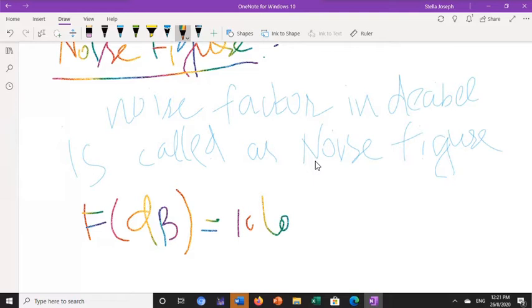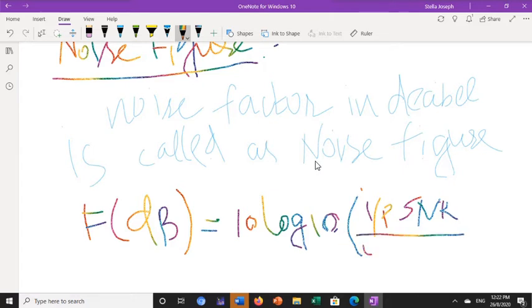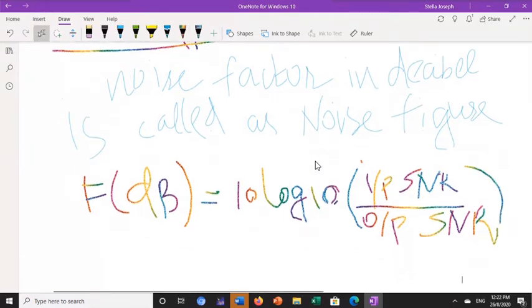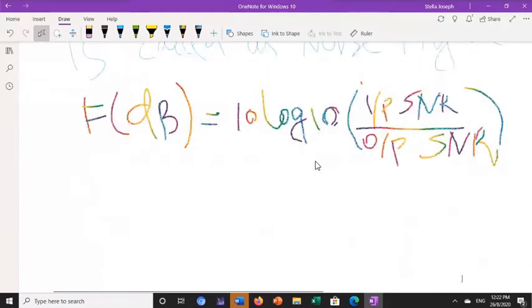We have to write 10 log10 of input SNR divided by output SNR. So this is a formula. This is the important formula.